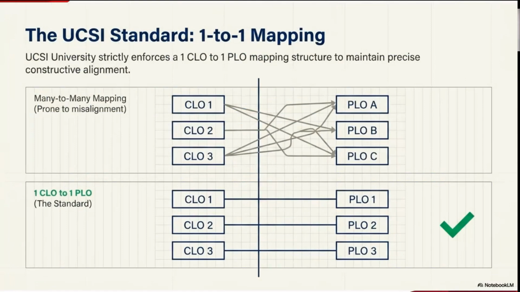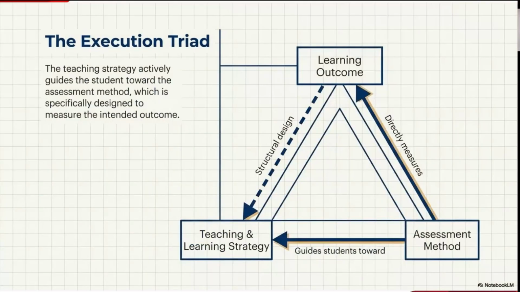Once the courses are mapped, we have the course to PLO mapping, and then we determine the specific assessment method that would enable us to assess whether the student has achieved the course learning outcome.